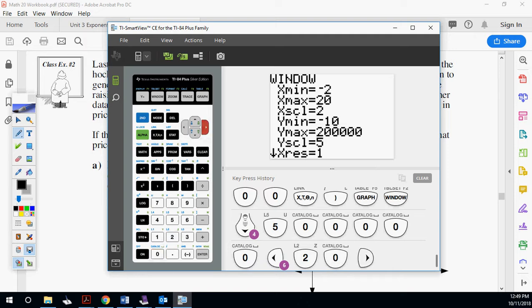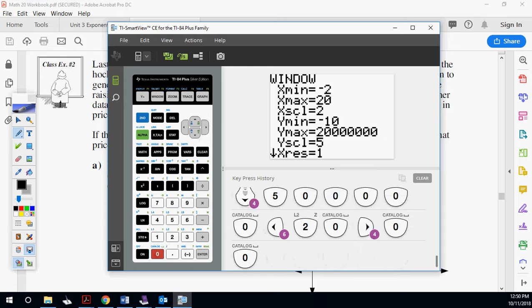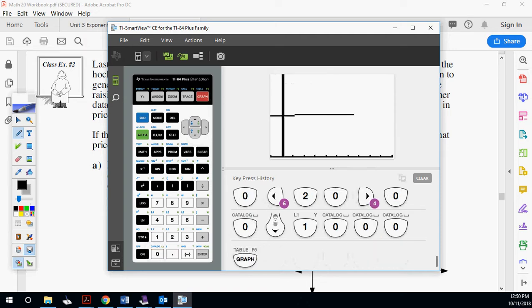So we got 20, I want 6 zeros, I got 4, so I need 2 more zeros here. Still not big enough? What do you want to go to? Let's go by thousands. Yes. See, we're still not big enough, so we're not getting enough of the arch, so we're barely seeing a turn yet.